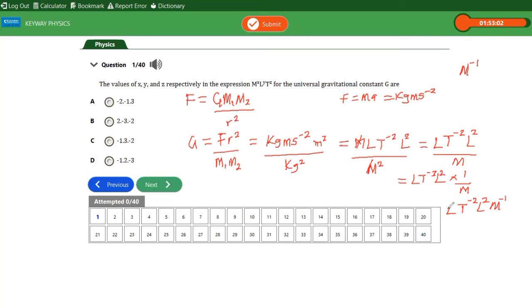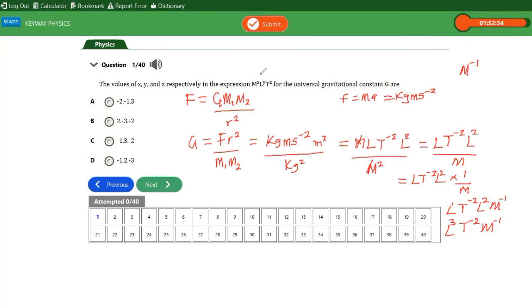So you see L like this shows that it's L raised to power 1. So I can add the powers of L, since I have L raised to power 1 multiplied by L raised to power 2. That would be L raised to power 1 plus 2 to give me L raised to power 3. And here T raised to power minus 2, and here M raised to power minus 1.